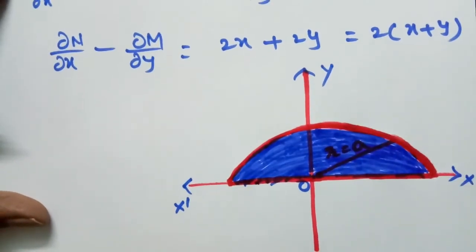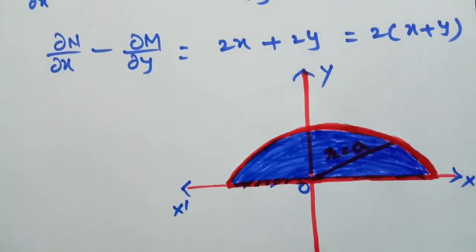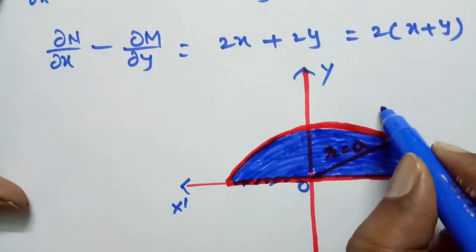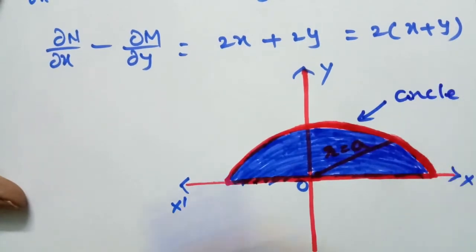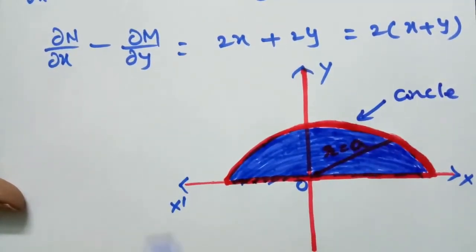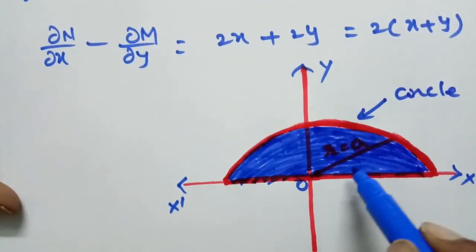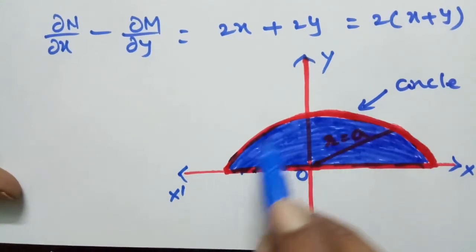Radius is the distance from the origin onto the boundary. This is the circle, x square plus y square equal to a square, upper half of the circle.